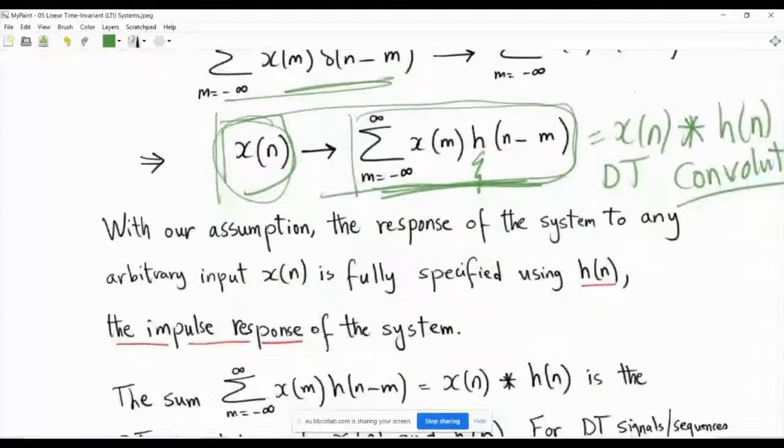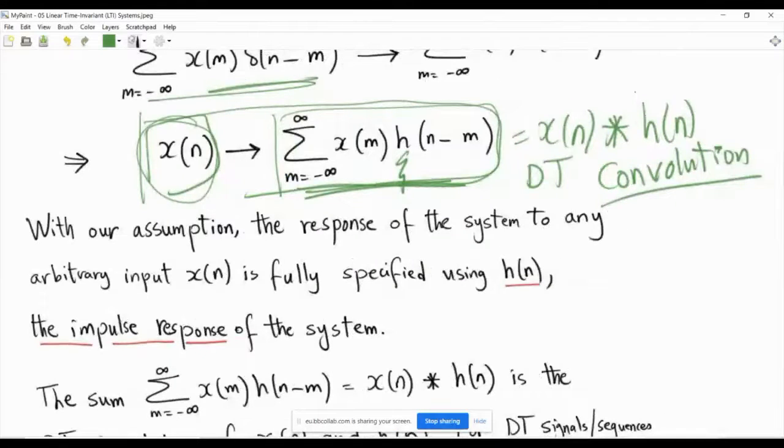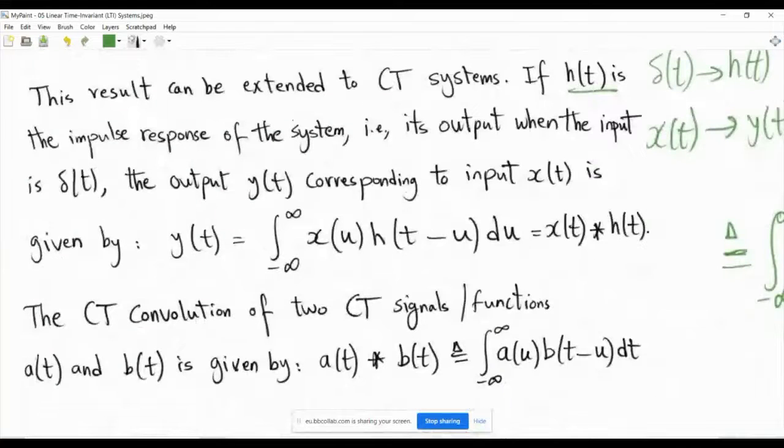Here, once you hear LTI, take it to mean that there is an impulse response, and knowing the impulse response, we can obtain the output by doing a convolution between the input and the impulse response. This convolution takes this summation form, or for continuous time systems this integration form, and it will give you the output.